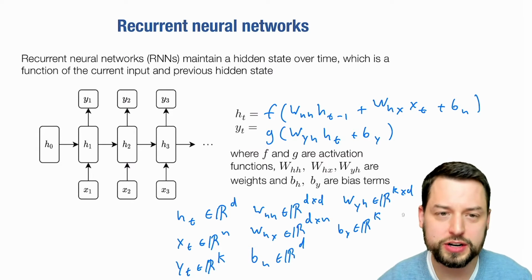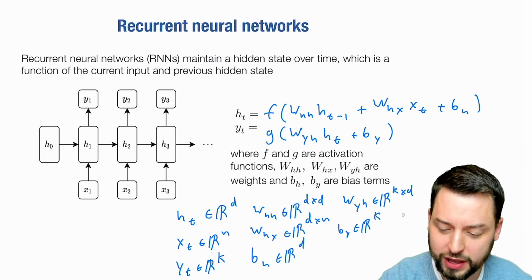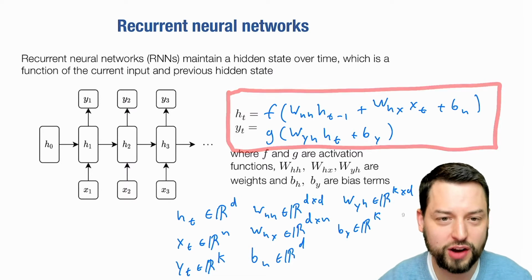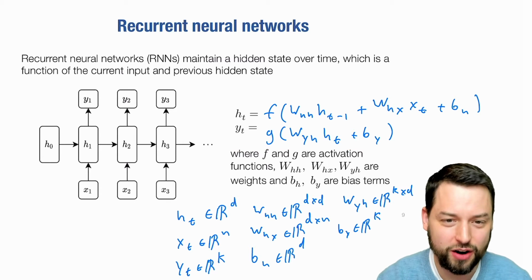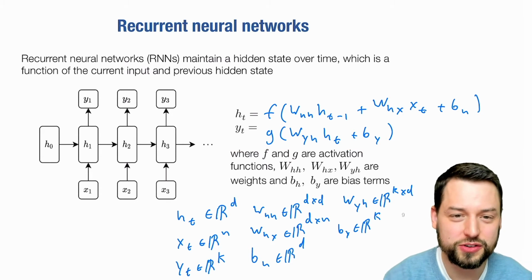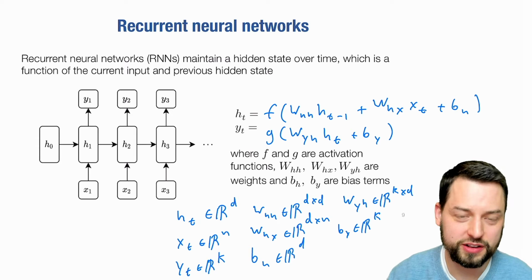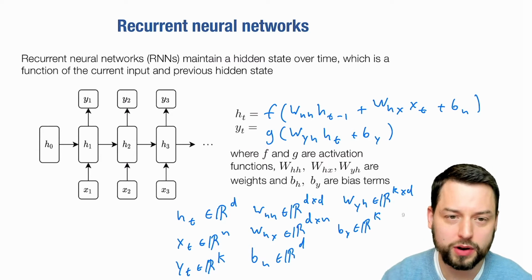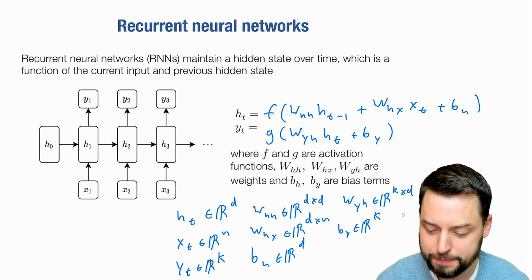The sizes aren't too important here. What I really want to emphasize are the updates, and in the future I won't always give all the sizes. I'll assume that you know what the sizes would be for the multiplications to work, but I want to lay it out here explicitly.